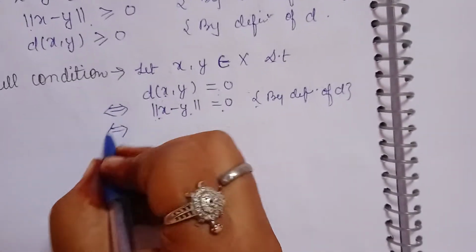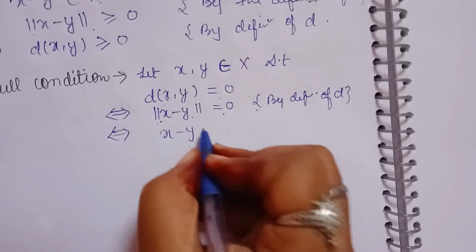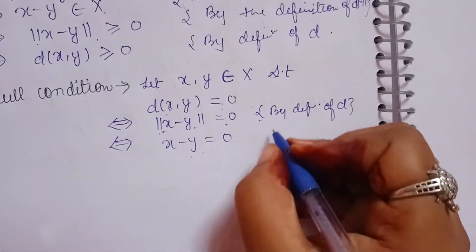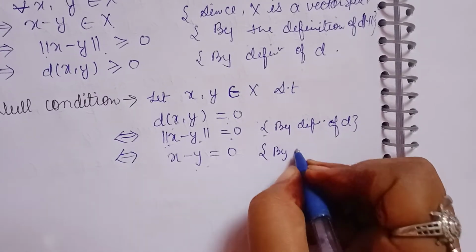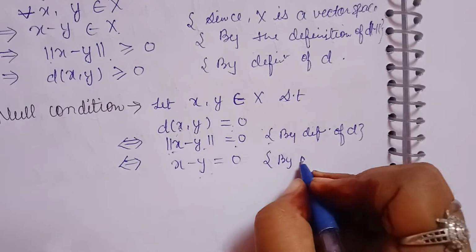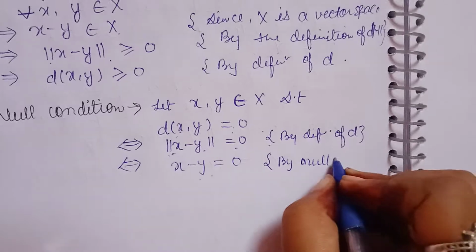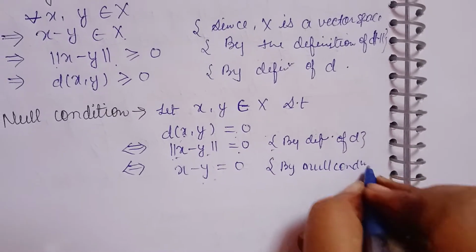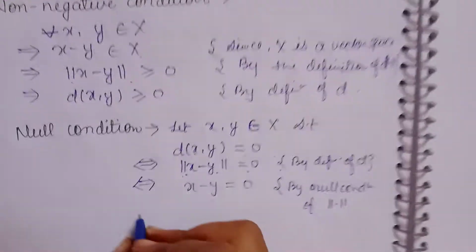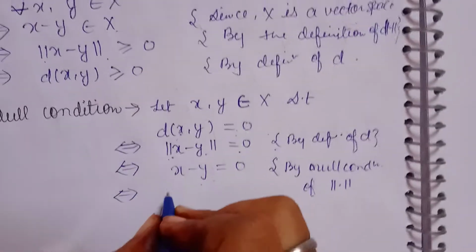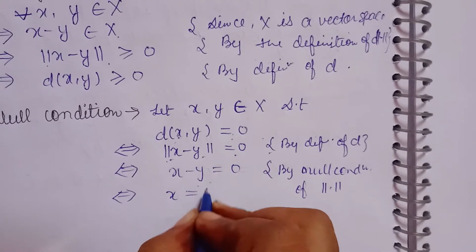If and only if x minus y is equal to 0, by the null condition of norm. So x minus y is equal to 0 if and only if x is equal to y.